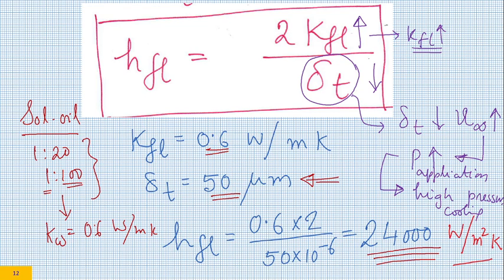Grinding is not so simple, but it somehow captures the basic physics, and that basic physics says if you want to improve the convective heat transfer coefficient in fluid, choose a particular grinding fluid whose thermal conductivity is high. It also says the thickness of the thermal boundary layer should be less. If it has to be less, then your velocity has to be high. If your velocity has to be high, your application pressure has to be high.